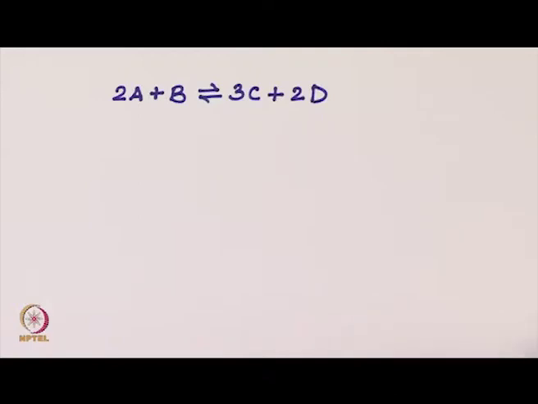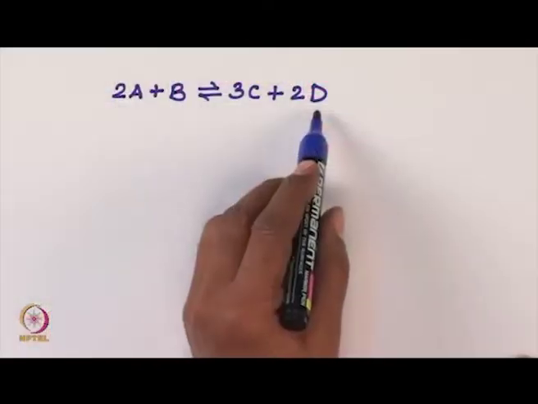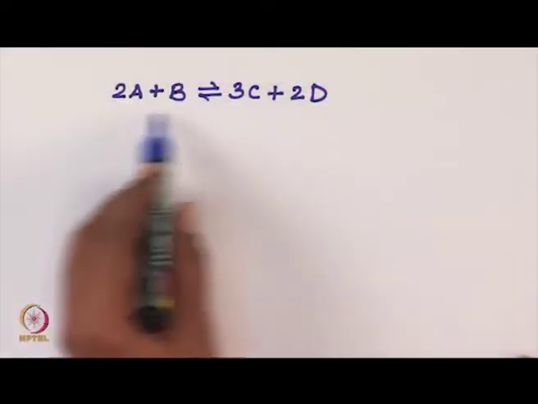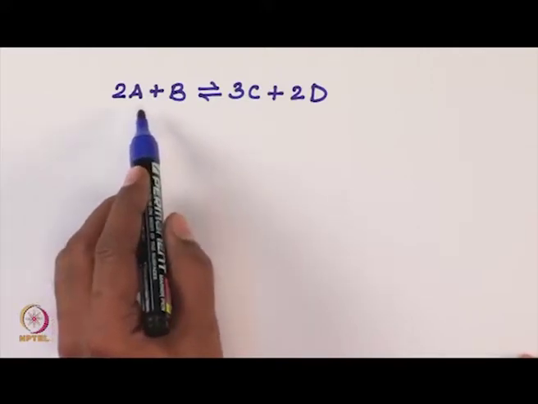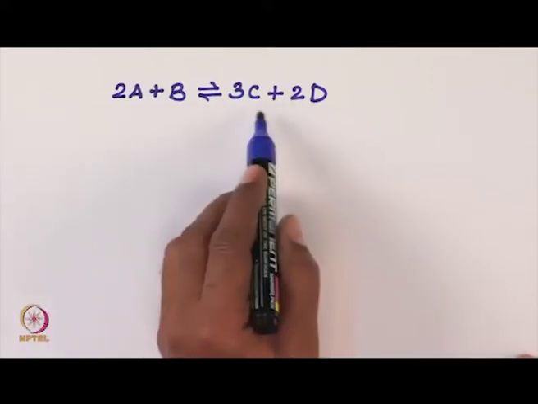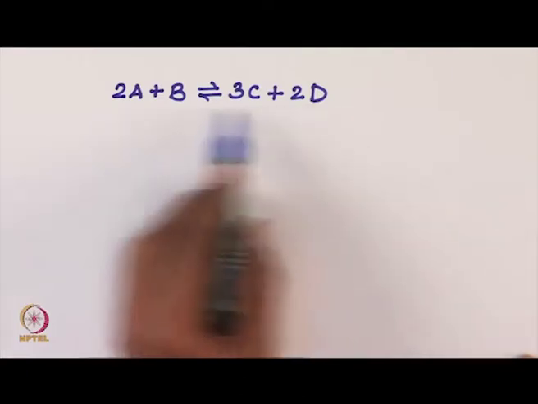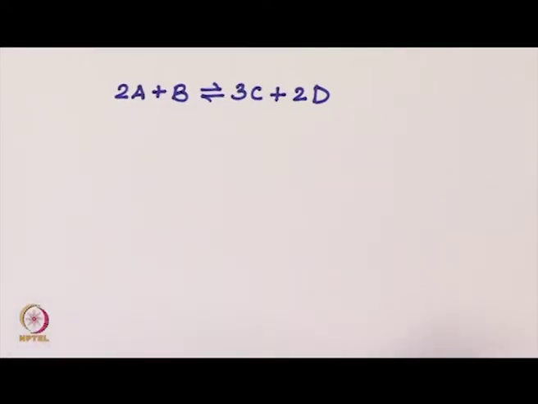The given information is that you are mixing 1 mole of A, 2 mole of B and 1 mole of D, and then you allow the reaction to come to equilibrium. When you mix A, B and D, C will be formed and equilibrium will at some point be attained.